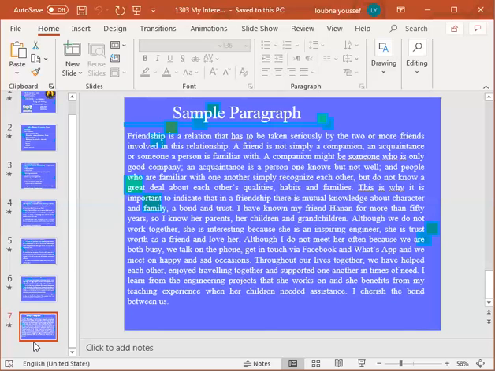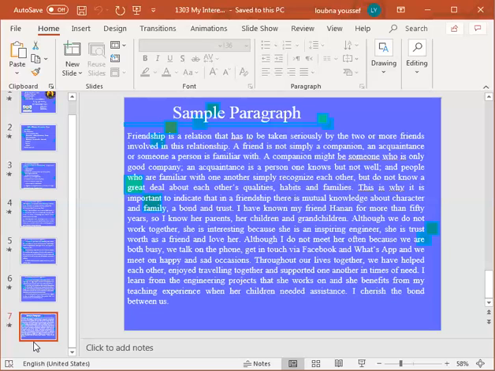Now, the writer says in the following sentence, I have known my friend Hanan for more than 50 years. So I know her parents, her children, and her grandchildren.